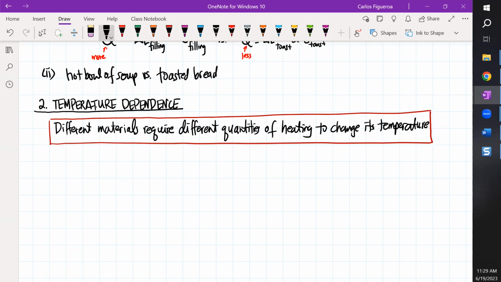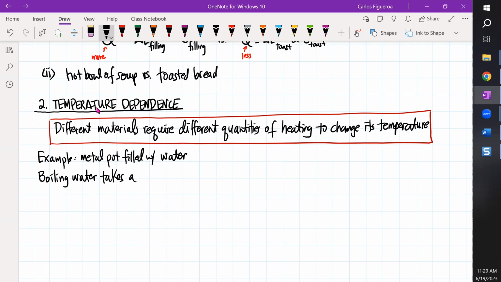Okay, so let's think about this. As an example, we have a metal pot filled with water. As we already know, boiling water, let's say to cook pasta, takes a long time.